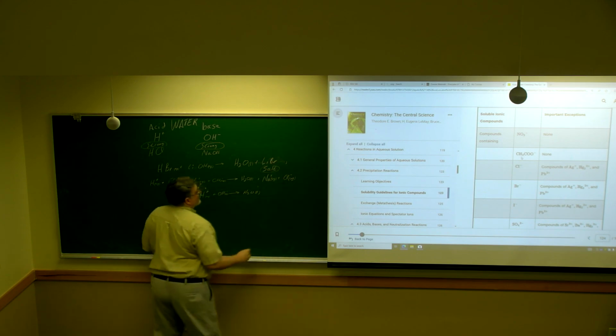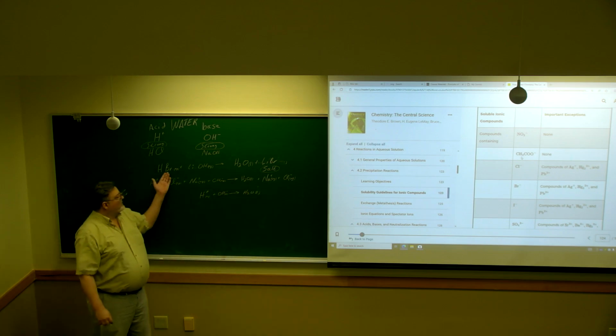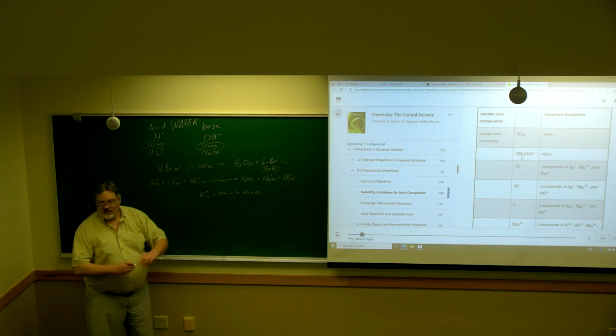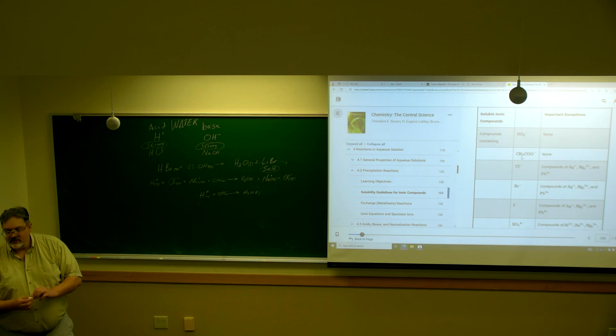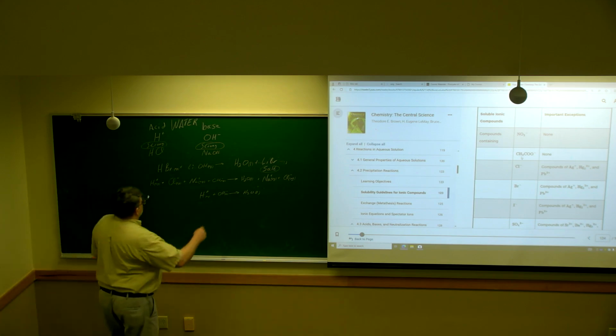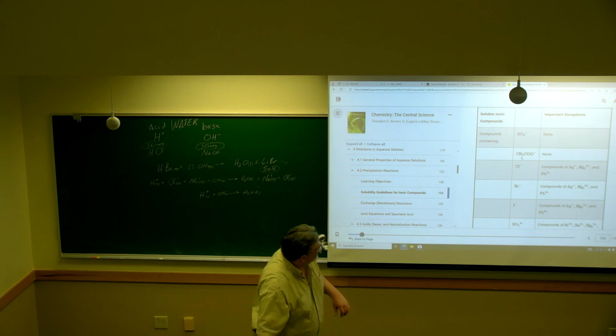LiBr. That's a salt as well, because you can make it with the halide acid and the alkali metal salt, or alkali metal base. Makes sense? The salt, acid base, okay. Fundamentals of acid base.